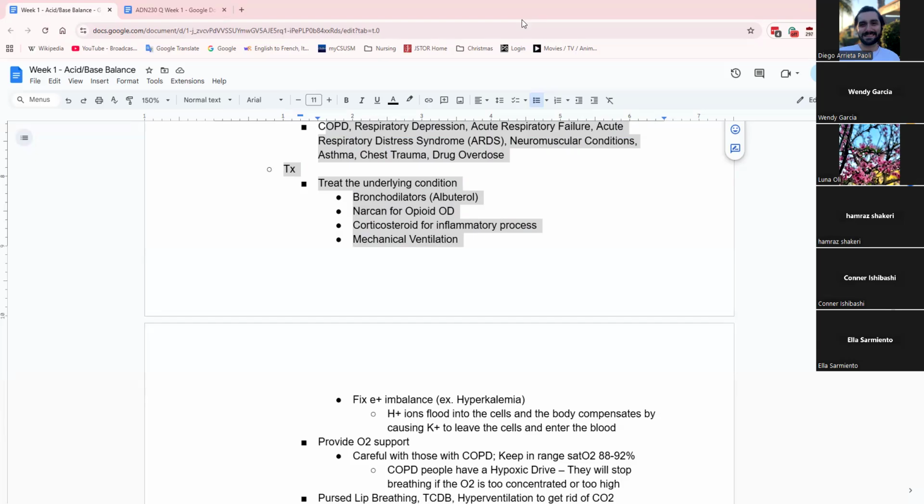But the next one we're going to talk about is respiratory alkalosis. Could you guys put down in the chat what are some things that you think could be causes of respiratory alkalosis? Give me some ideas.